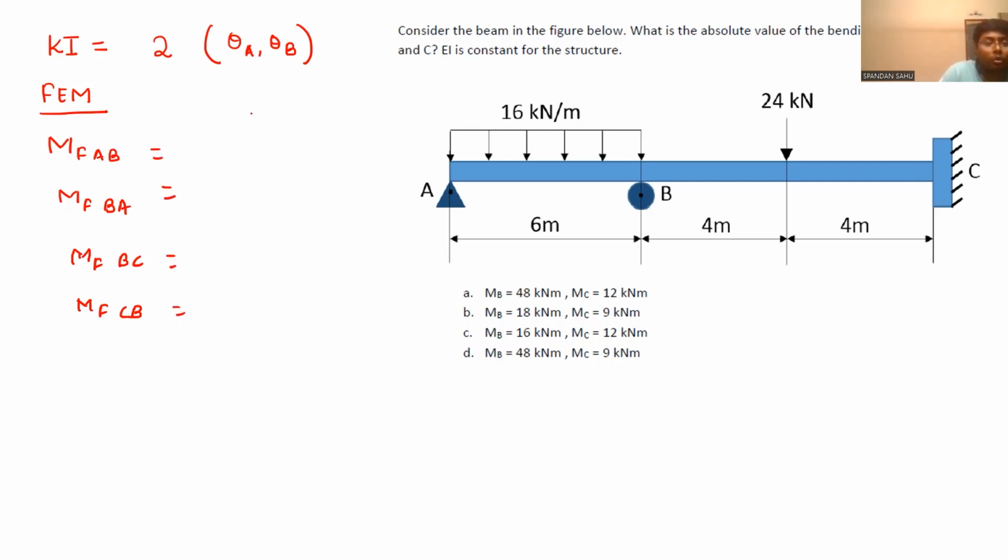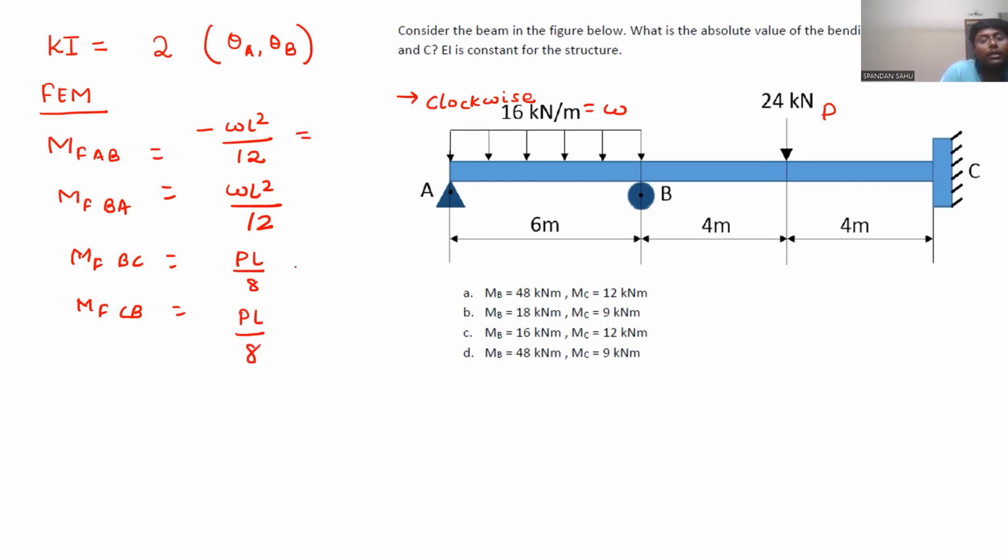And in our computation, we will take clockwise moment to be positive. So MFAB will be WL square by 12. This will be WL square by 12. This will be PL by 8. This will be PL by 8.